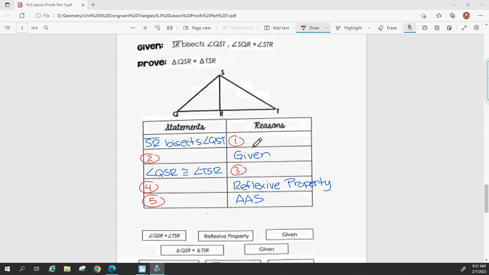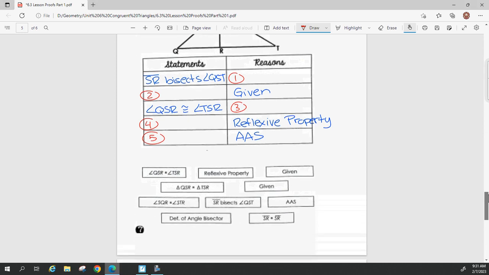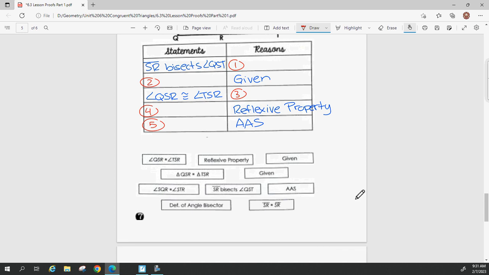So there'll be a box to pop up for each of these, and I'm going to scroll down. So hopefully you have this picture copied. If you don't, pause and copy it. And I want you to use our statement reason bank down here to answer and fill in the rest of these blanks for this proof. As ever, if you need help, if you're confused at all, please do raise your hand and ask for help.